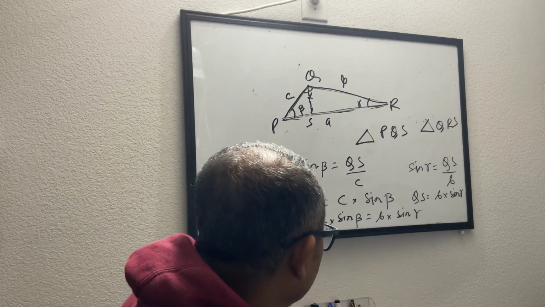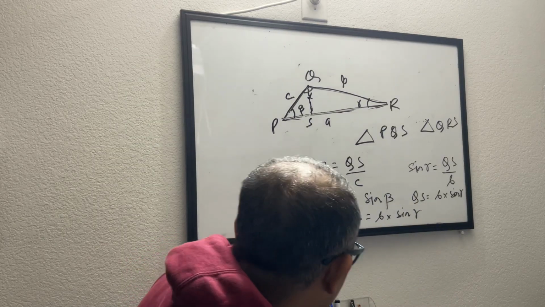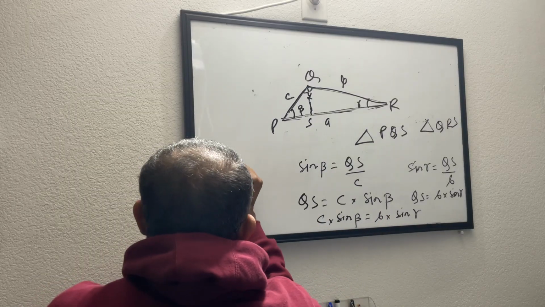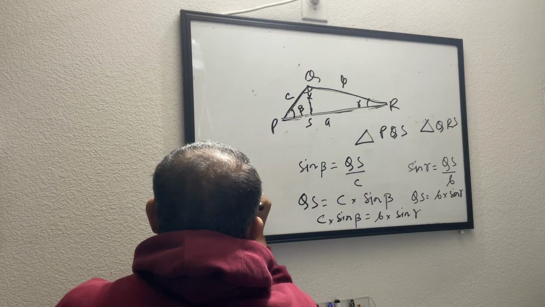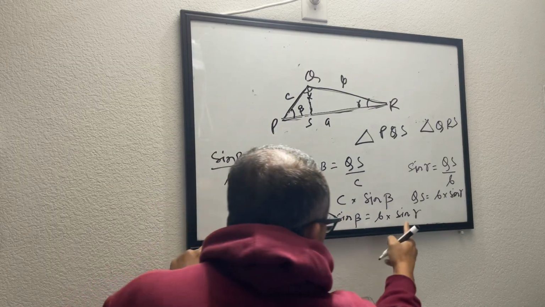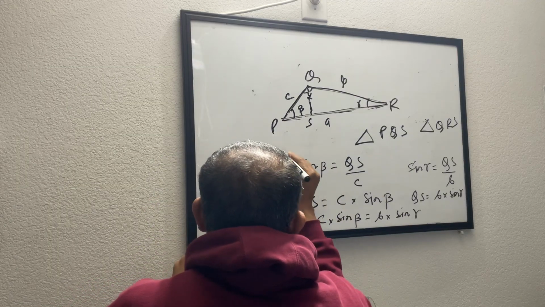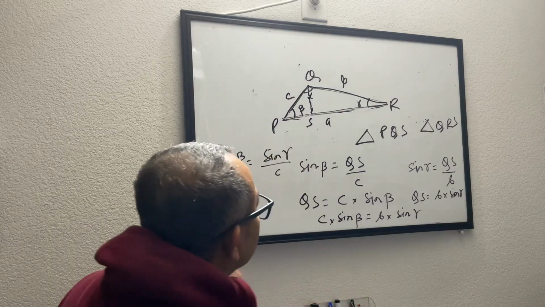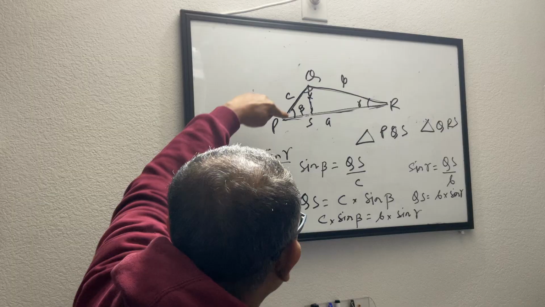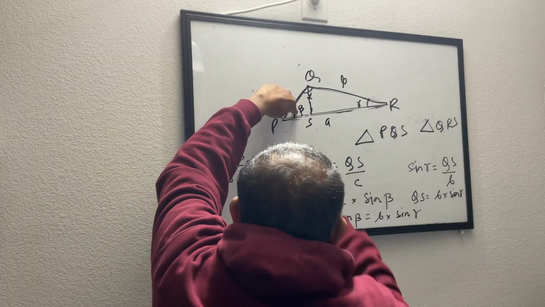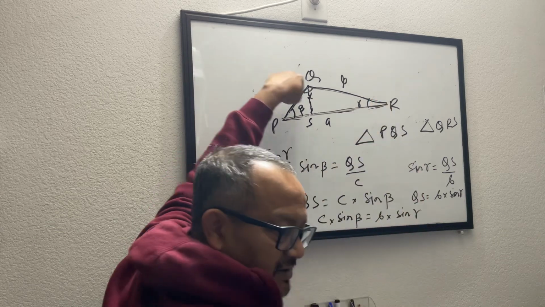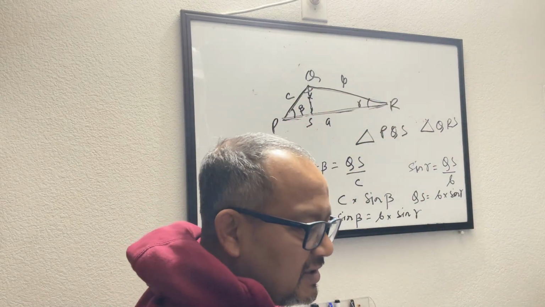Okay. So move C to this side and move B to this side. It becomes sine of beta divided by B equals sine of gamma divided by C. Make sense?